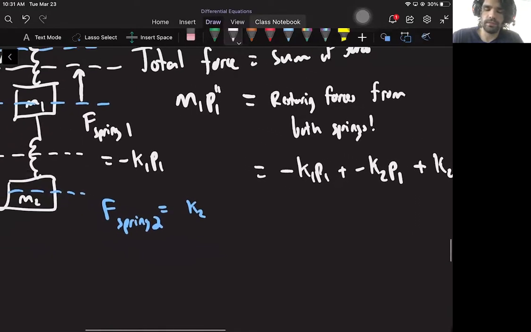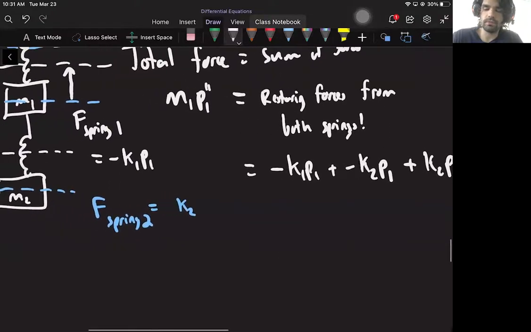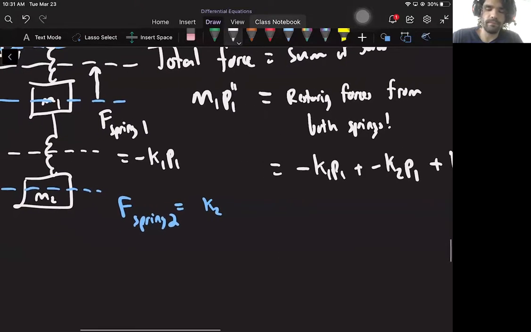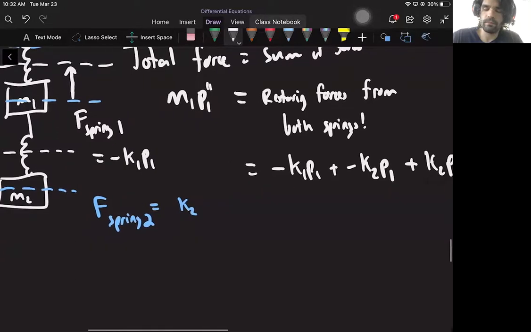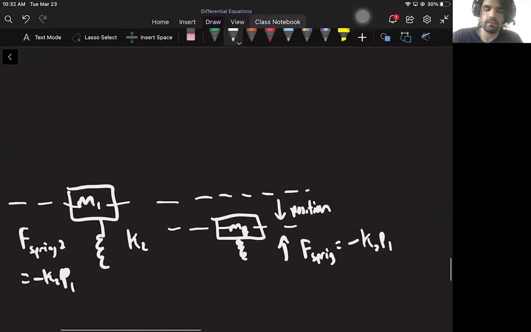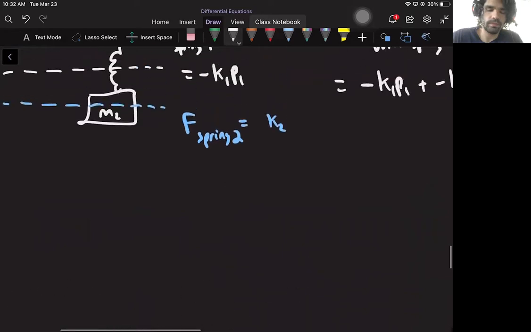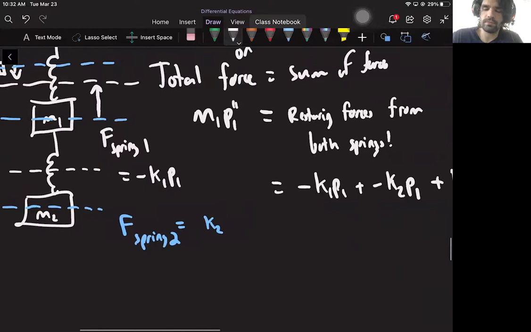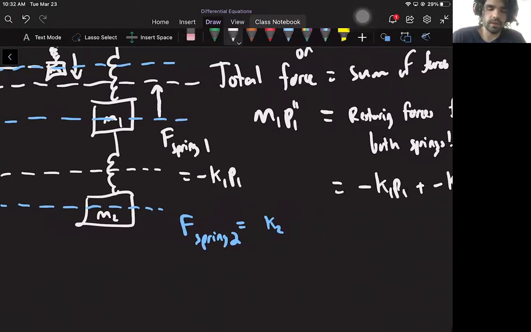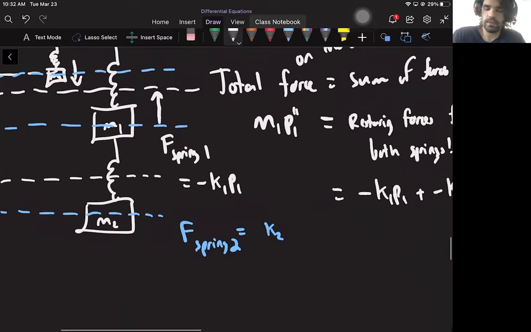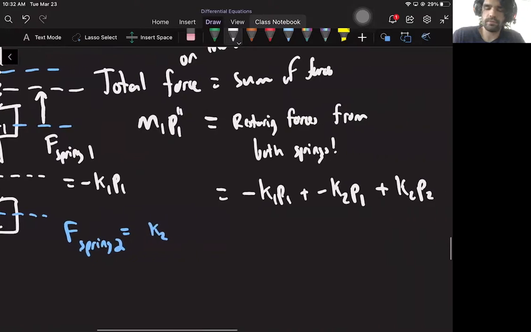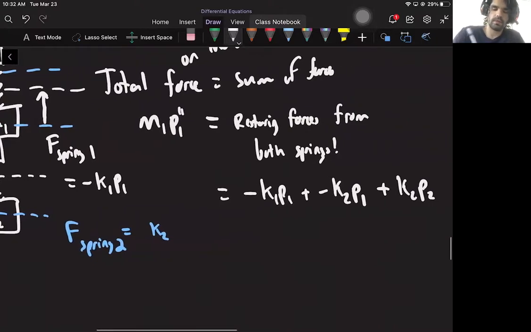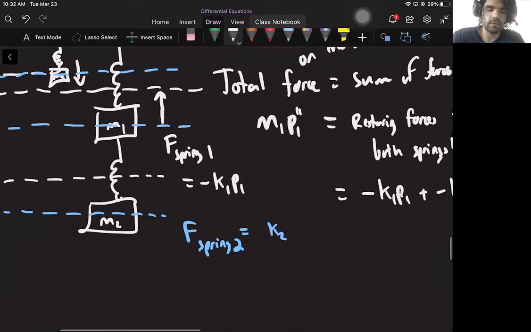So the idea is that the position of spring 2 causes there to be a force because of the spring 2. And then that force is pushing in the opposite direction of what it's doing for mass 2.